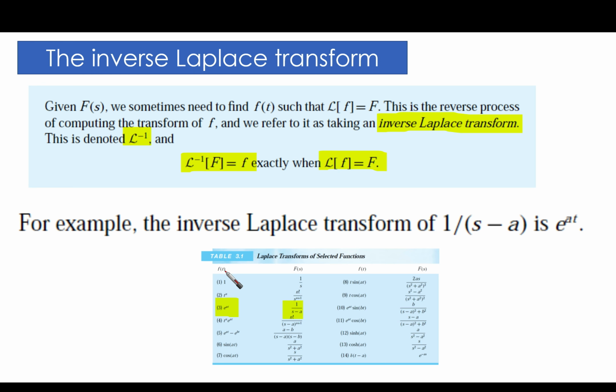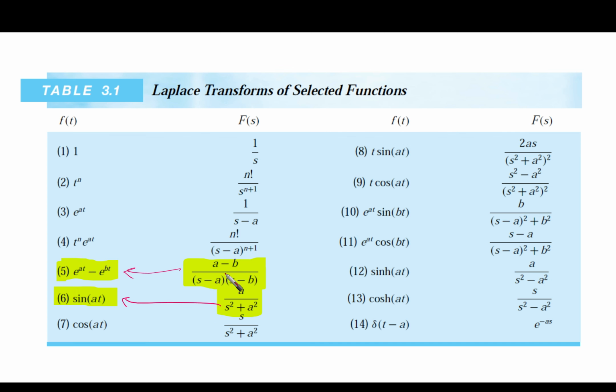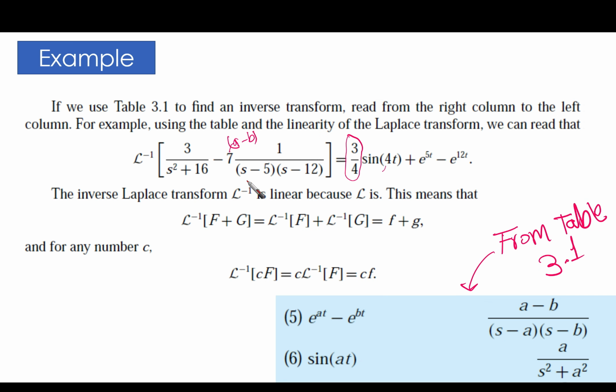Let's go now to our example and investigate what we were doing. Yes, we have s minus 5. So this means that, if we look at this entry, s minus a is s minus 5. This means that we now have a equal to 5, okay, and then s minus b is s minus 12.